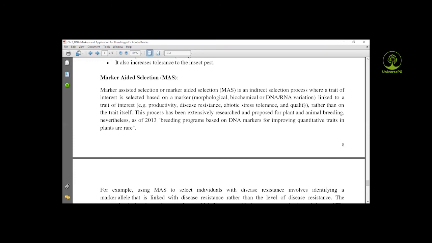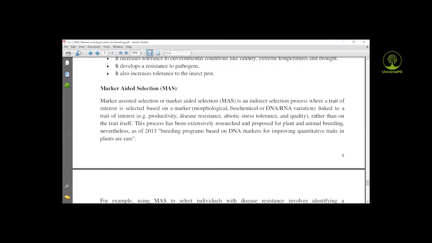Nevertheless, as of 2013, breeding programs based on DNA markers for improving qualitative traits in plants are rare. So marker aided selection, also called marker assisted selection, is an indirect selection process, not a direct selection process, where a trait of interest is selected based on a marker.